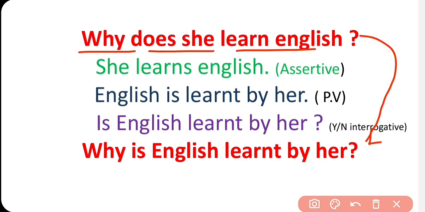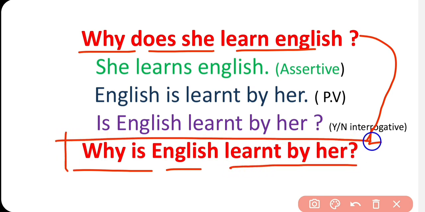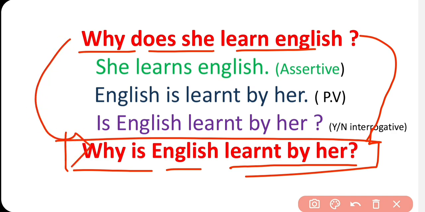You have to do: Why is English learnt by her? This is the passive form of this interrogative sentence.